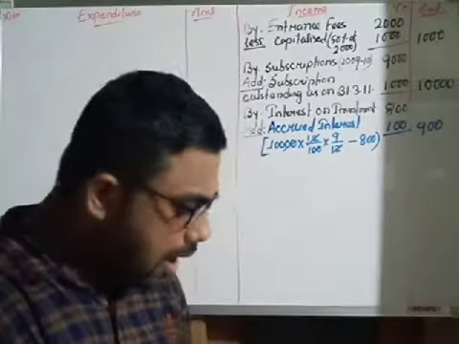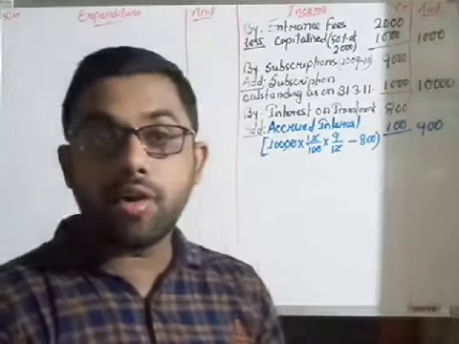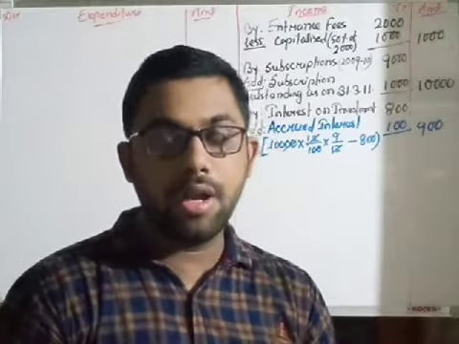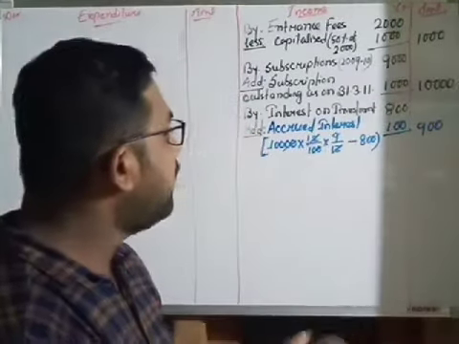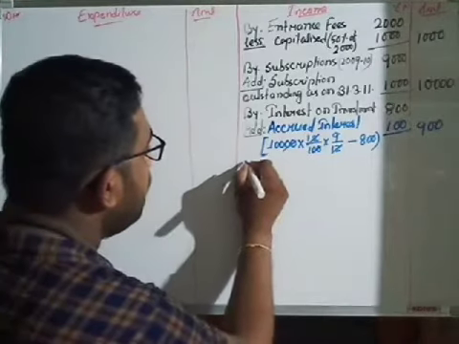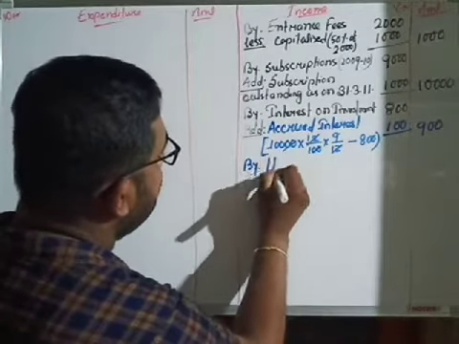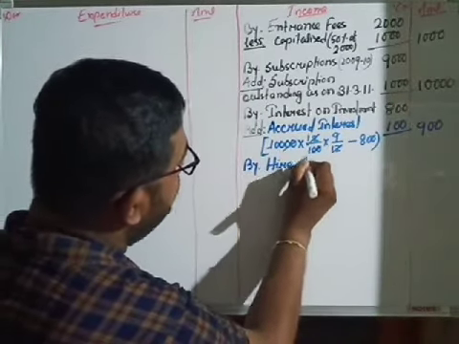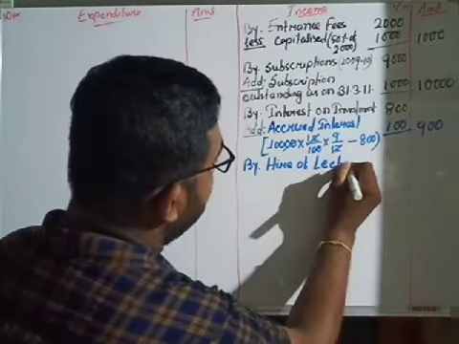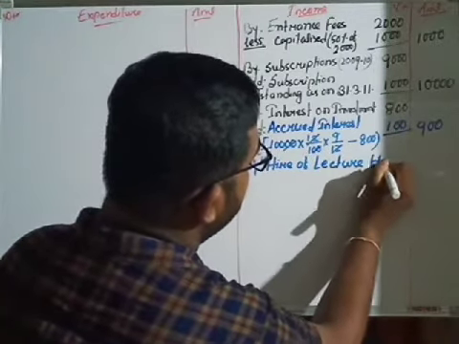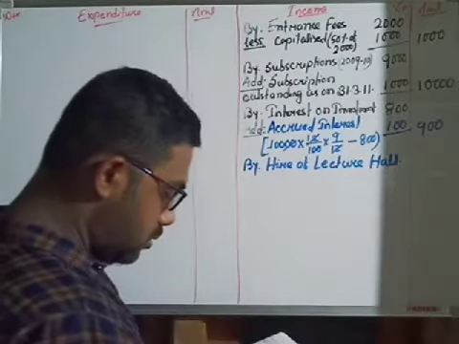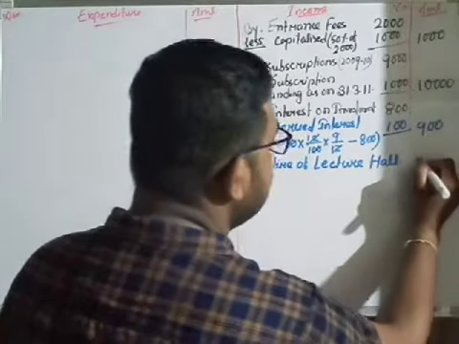Next, hire of lecture hall. That means the non-trading organization has given their lecture hall on rent, so from that they have received income by hire of lecture hall. The amount is 3,000.